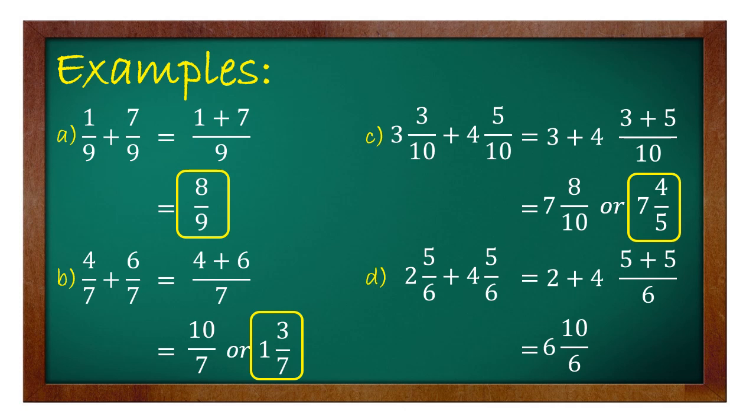So, yung 10 over 6 natin ay improper fraction. So, that means magkakaroon tayo ng whole number na 1. So, idadagdag natin siya dun sa whole number na 6, kaya magiging 7. And then, ang remainder natin ay 4, and then, ang denominator natin ay 6. Pero yung 4 over 6 kasi natin, meron pa siyang lowest form. So, magiging 7 and 2/3. So, that will be our sum.